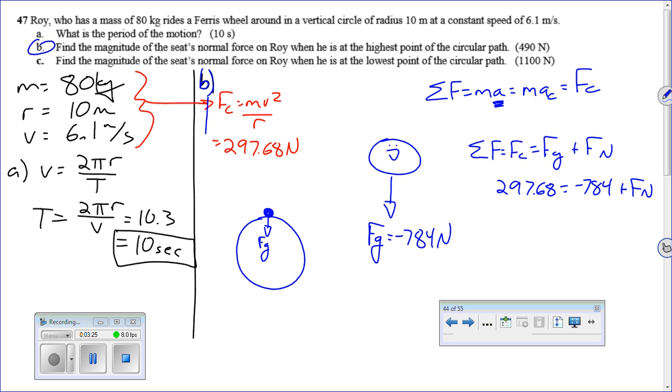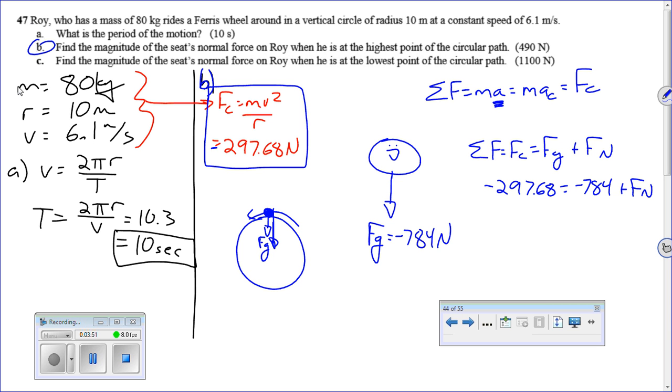Remember, when you use the centripetal force equation, it's just giving you the magnitude of the centripetal force. It's telling you how big it is, but it doesn't tell us the direction. So when we're doing part B, remember, your centripetal force is always directed towards the center of the circle. So for part B, the centripetal force is going to be negative 297.68. Right? Because in order to keep him going in a circle, we need a downward net force.